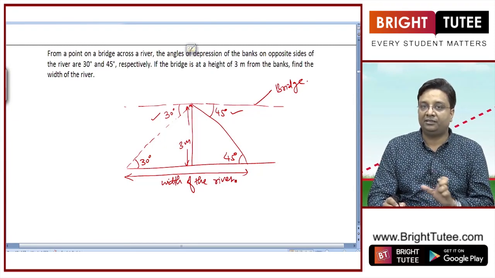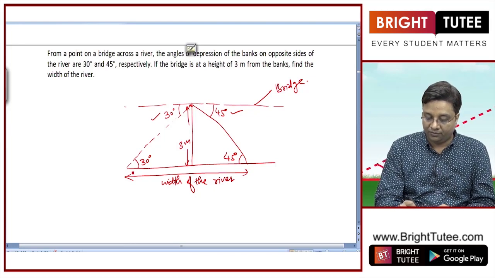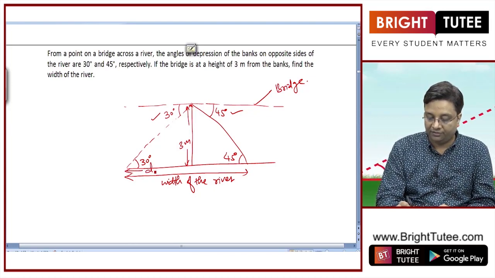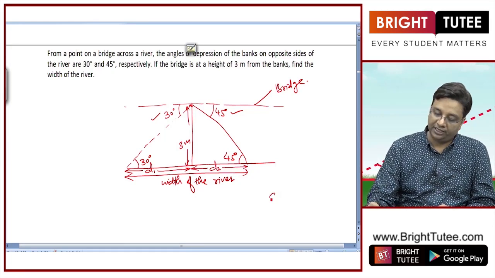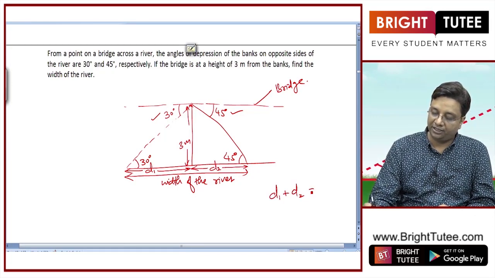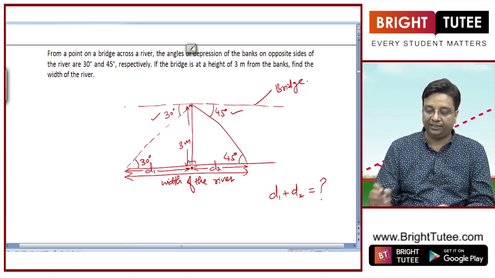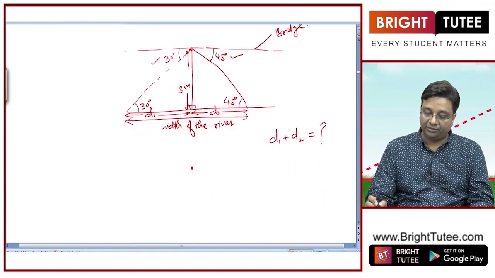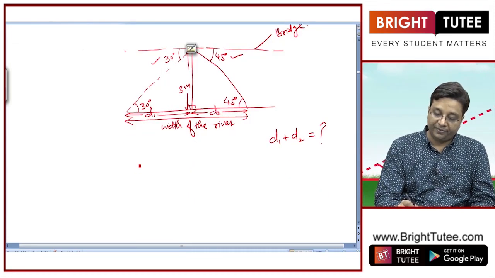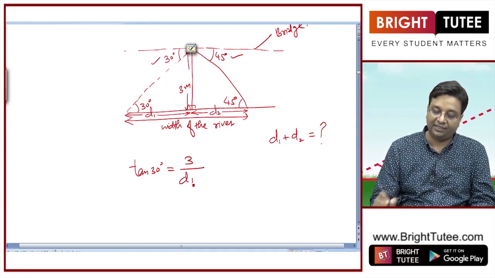So let me divide this width of the river in two parts. One is this d1, and let us take this other part as d2. So what I need to find out is d1 plus d2, right. This angle here is 90 degrees. This question is also very simple. If you apply tan 30, you will get opposite as 3 divided by adjacent as d1.